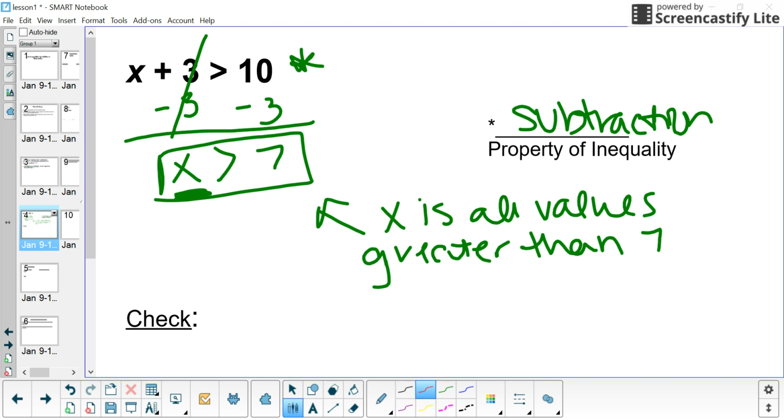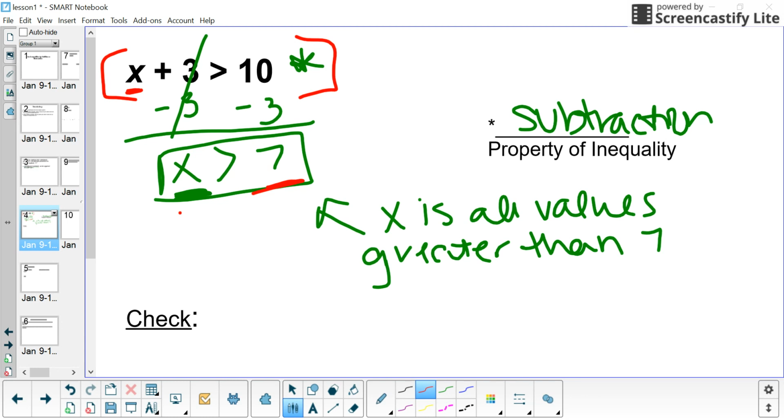Now the check here is a little bit different than equations. In equations, I would just plug in 7 and be done with it. Now though, my solution, x, is not 7. X is greater than 7. So what you have to do is rewrite the inequality, only instead of x, you're going to plug in some number greater than 7.